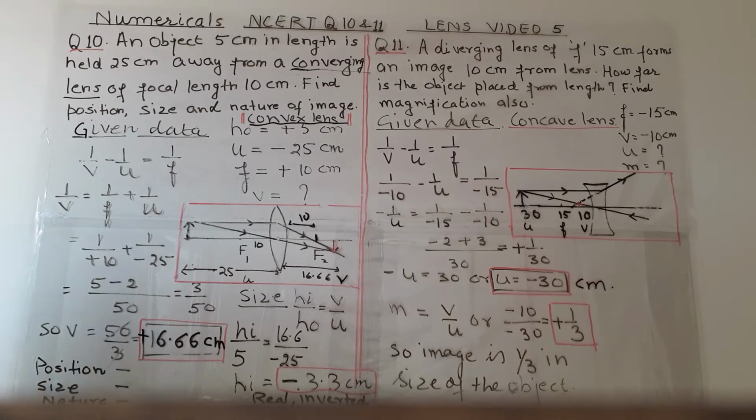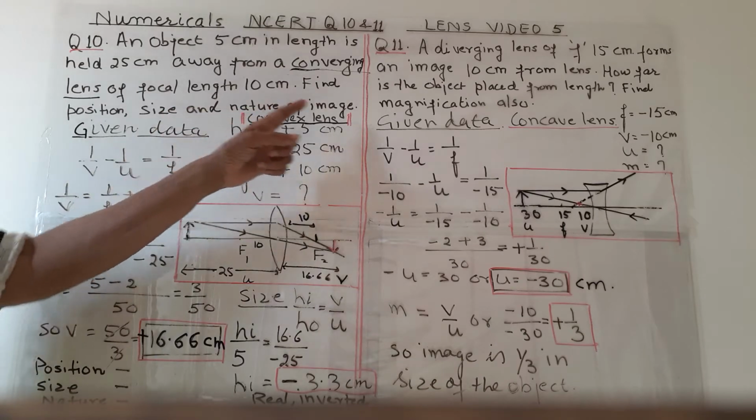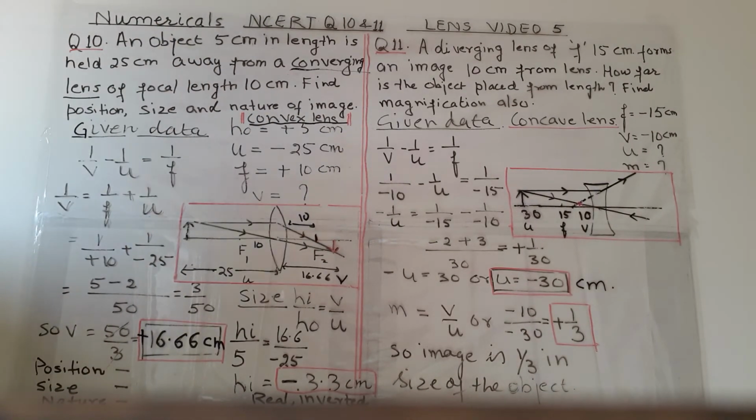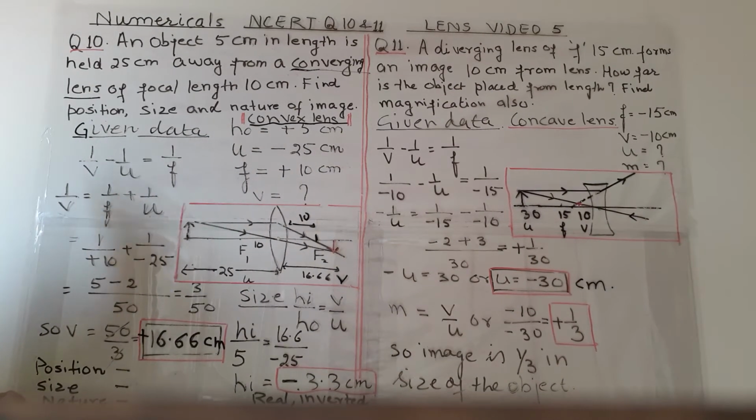So all three are calculated in this way in this numerical. This is V, and these three we have calculated. I think you have understood this question.